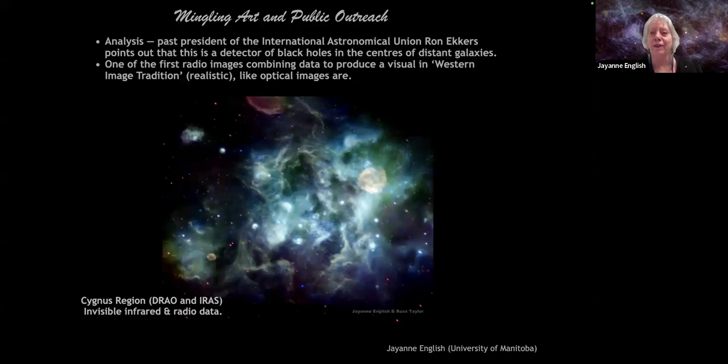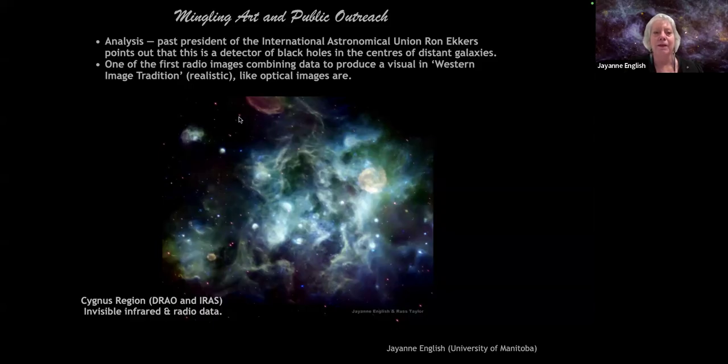I mentioned Ron Akers with the postcards. He went from being a director of an observatory to president of the International Astronomical Union. And he points out that this image I made of the Cygnus region, which is just far infrared data and radio data, is a detector of black holes in the center of distant galaxies because these little dots here are not stars.